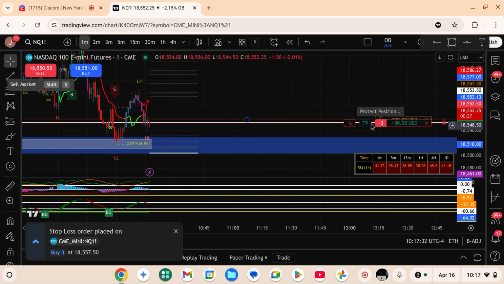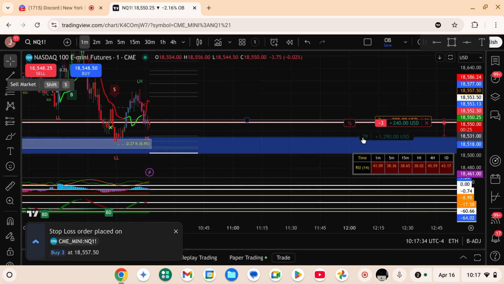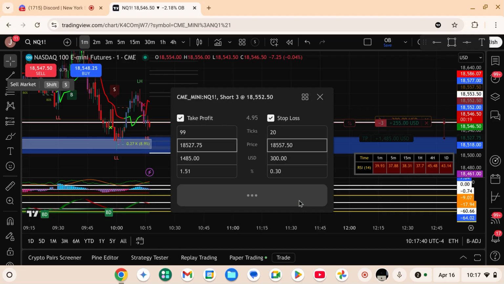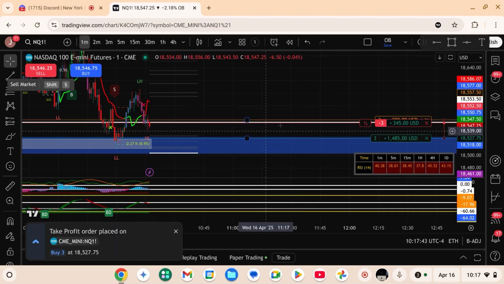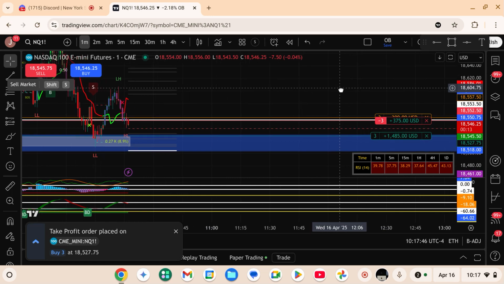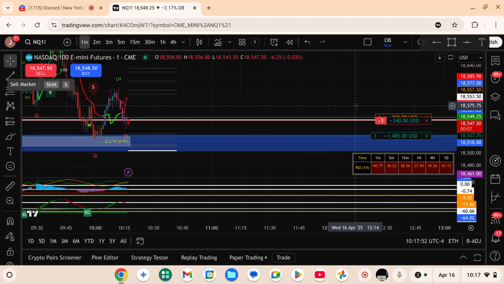And then our take profit would be right here at the top of that box. Now you could get out right now if you want. You can make your money back and then try to get a better entry, or you can just hold.